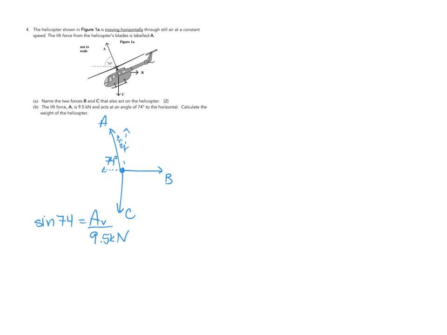And so when I move that around, I'm going to get 9,132 newtons. And you'd probably round that to 9,100 newtons. The reason I would say that is because this value here only has two significant figures, and same with this one. So my math can't make my measurements more precise.